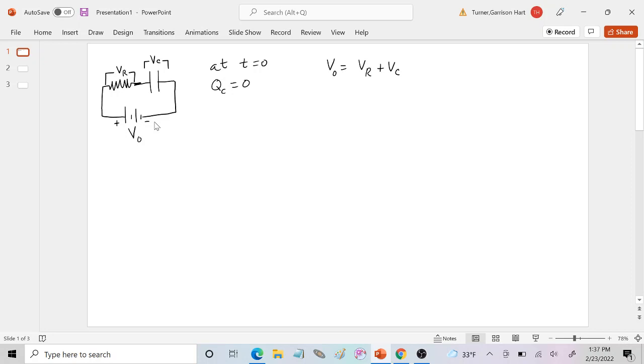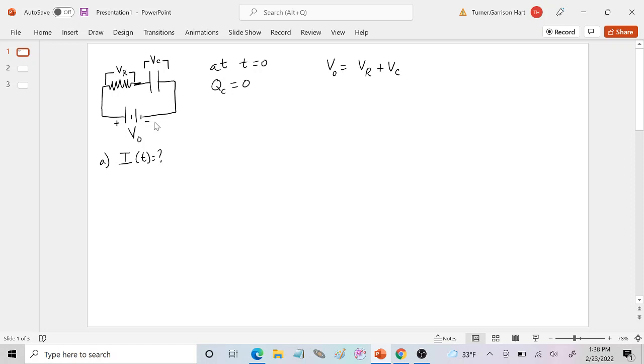Well, if the capacitor is uncharged initially, there's several questions we can ask. Number one, what is the current as a function of time? As the capacitor charges, that will alter how the current flows through the circuit, and as a result, the current will not be a steady value.